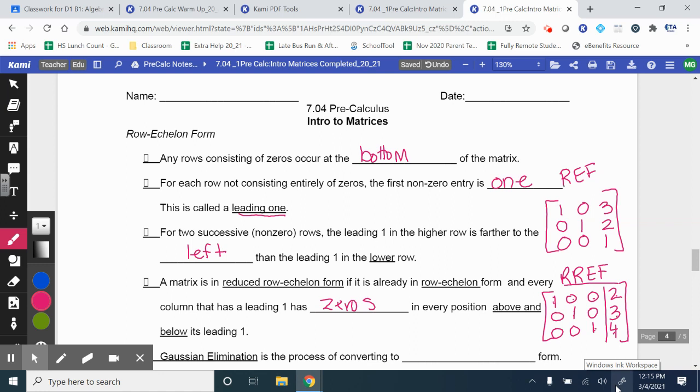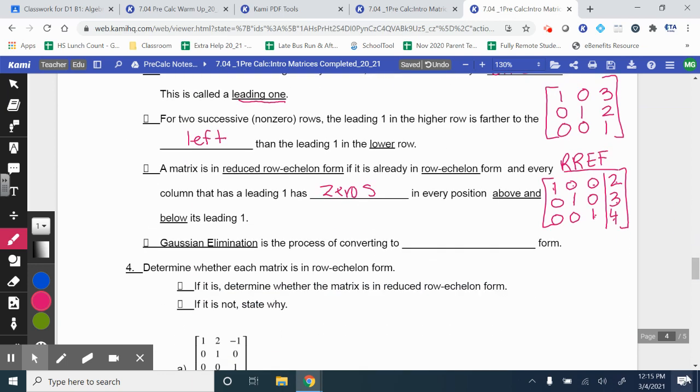And then we have a name for each of these. So in row echelon form, that's where we use Gaussian elimination. So it's the process of converting to row echelon form. So that's when you have zeros just below your lead ones. You don't have to have them above and below.